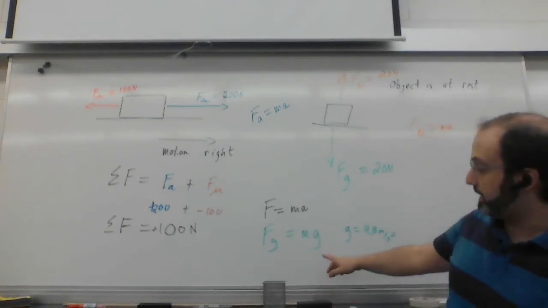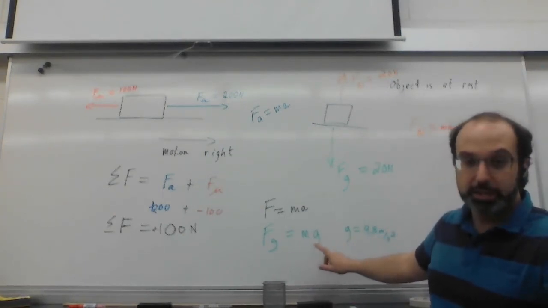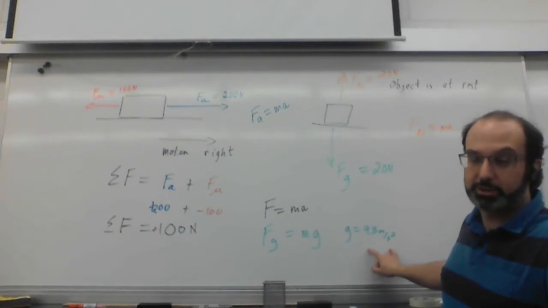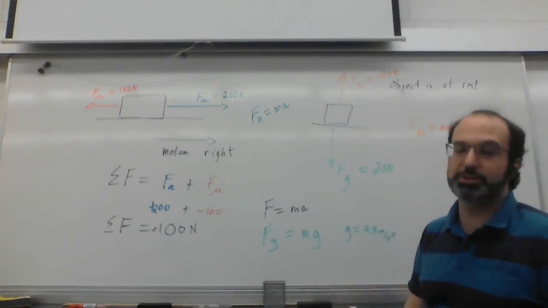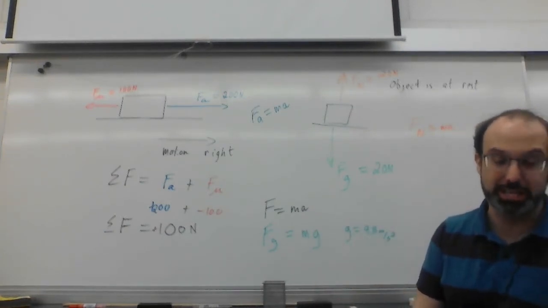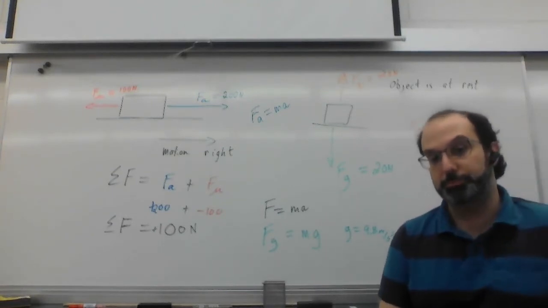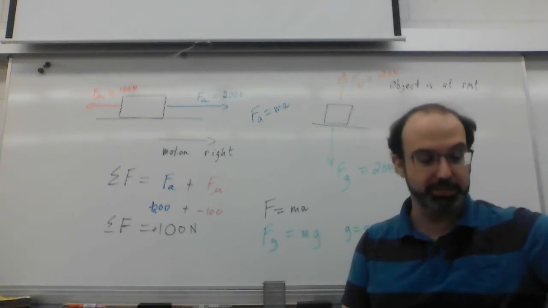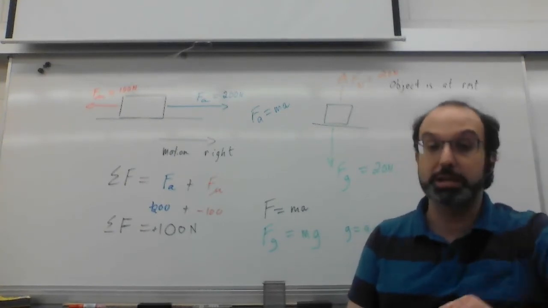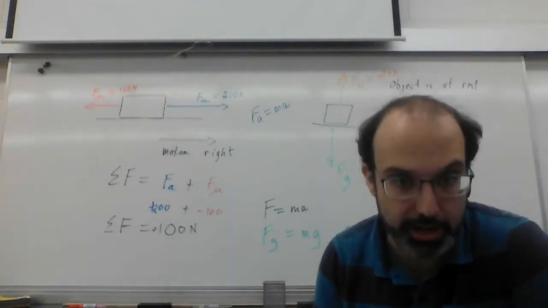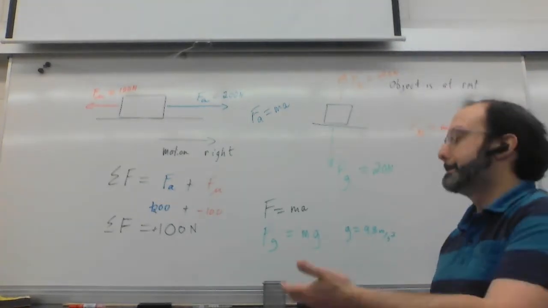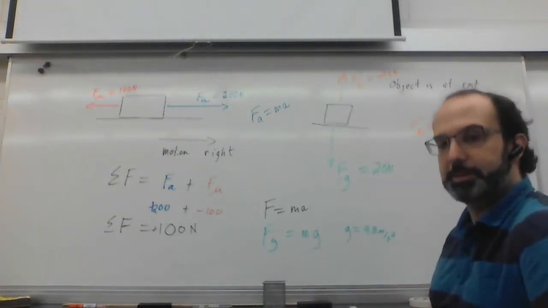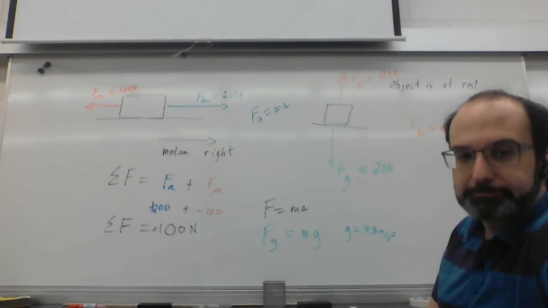Now, to be fair, Fg equals m times g, g is only 9.8 on the surface of the Earth. If I were to put you on Mars or the International Space Station, you'd have a different g. But since, barring some of you becoming super cool astronauts, like 99.99% of you will spend your entire lives on Earth, this is just 9.8. And that's it. We're done.